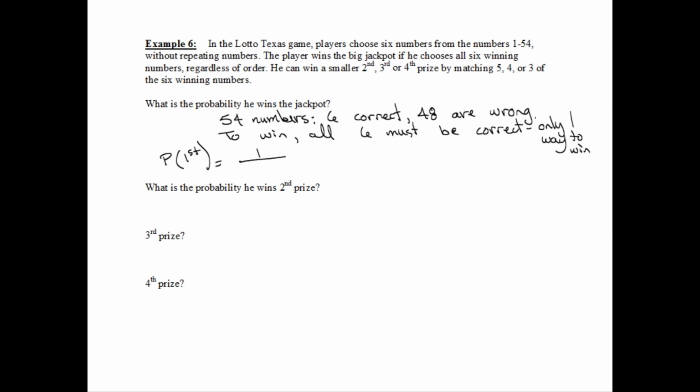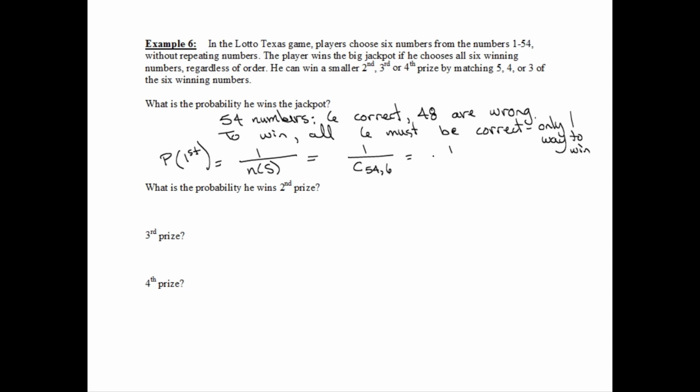is equal to 1 divided by, okay, what's our sample space? Our sample space is going to be the number of ways that 6 numbers can be chosen from the group of 54. So that'll be combination 54, 6.